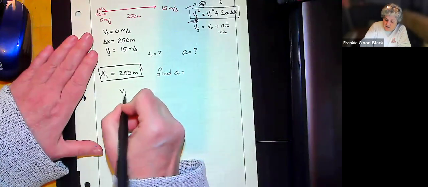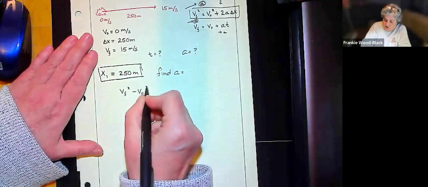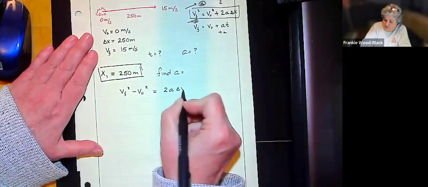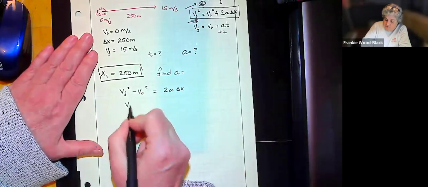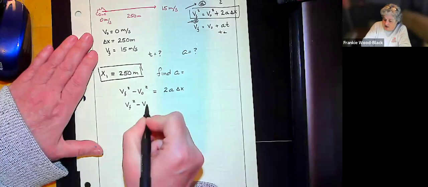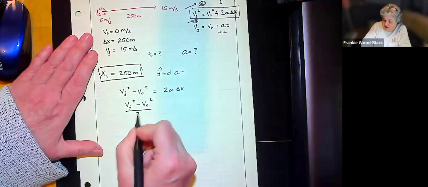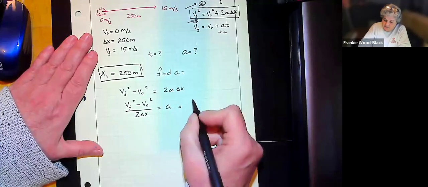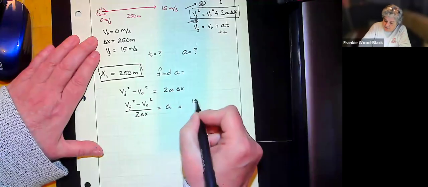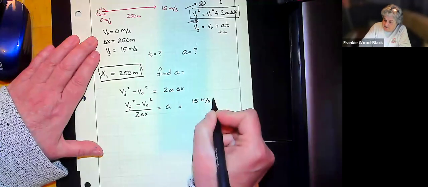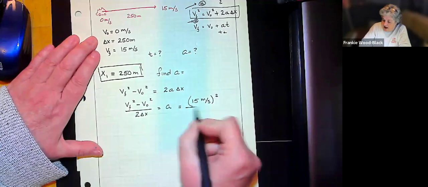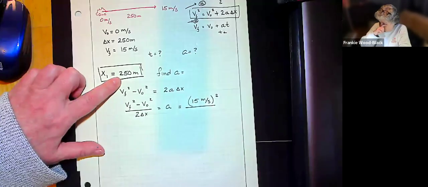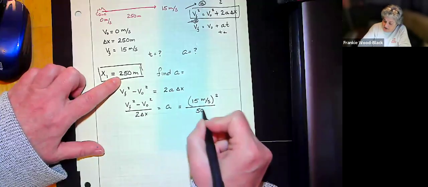So I get v final squared minus v initial squared is equal to 2 times my acceleration times my change in position. So v final squared minus v initial squared divided by 2 times my change in position is going to equal my acceleration. So this is going to be 15 meters per second squared divided by 2 times 250 meters, which is 500 meters.